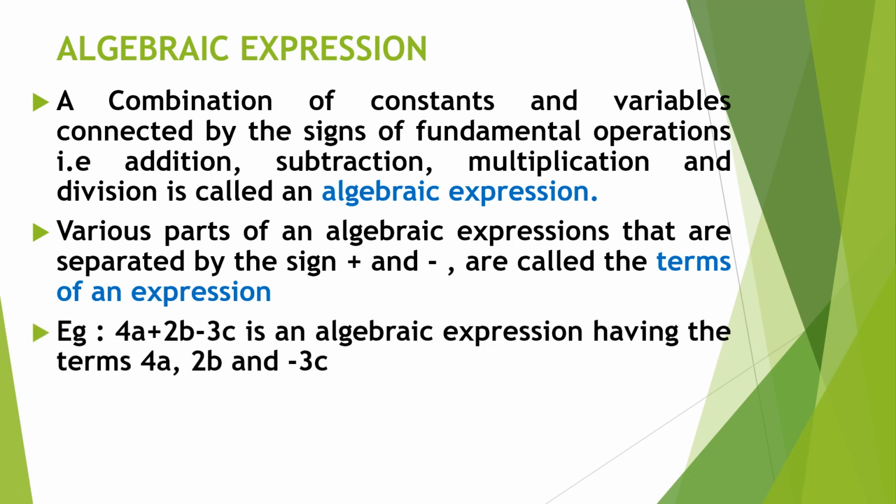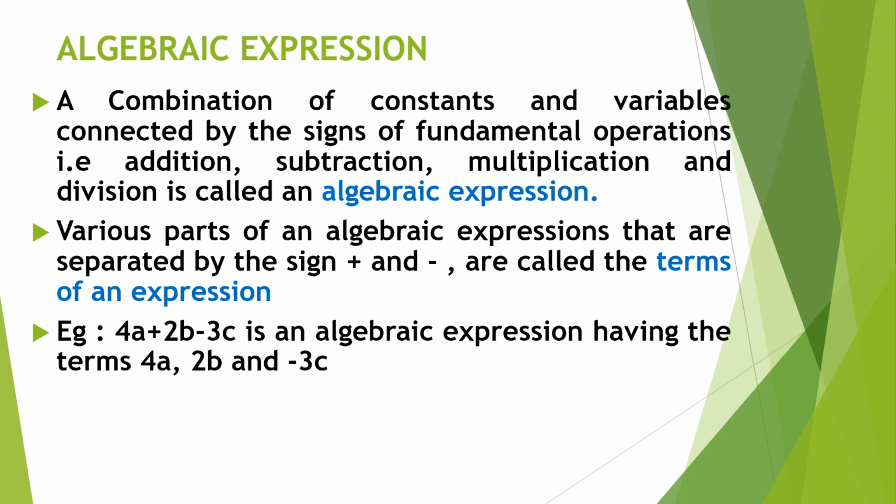For example, 4a plus 2b minus 3c is an algebraic expression. Now we can see what are the terms of this expression. We have seen terms are separated by plus and minus sign. And children, while writing the terms, you should denote the sign of the term also.